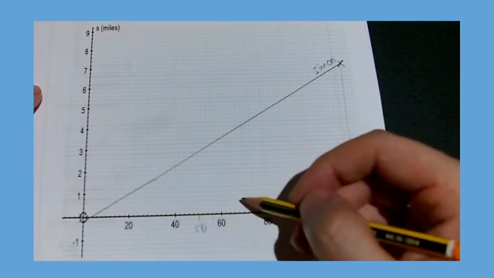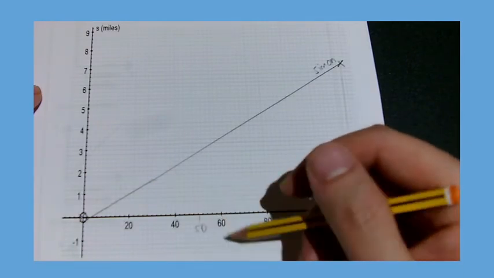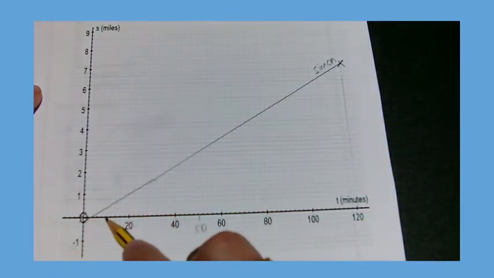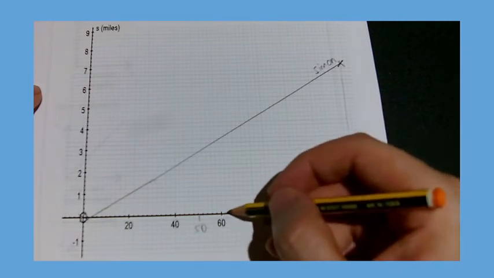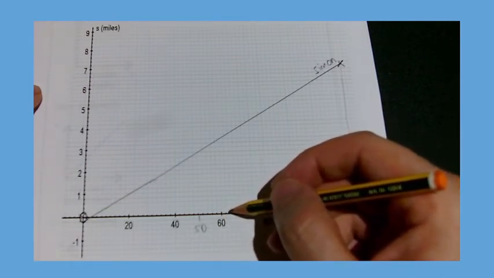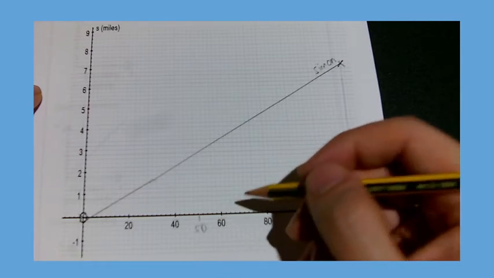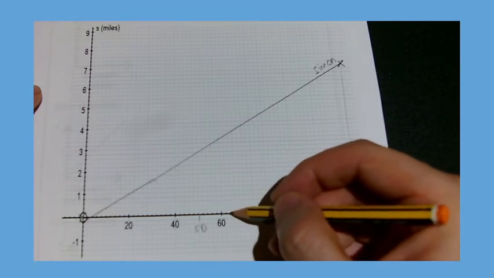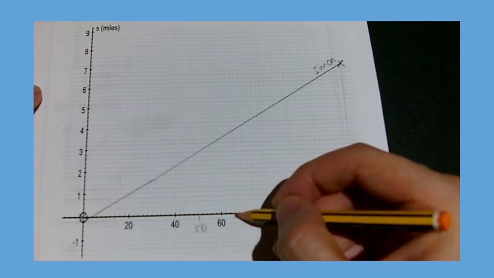So we've got to look at the axes here. Just want to make sure this is all correct. 2, 4, 6. Yep, it's going up in twos, and she does 16 minutes. In 16 minutes she does 3 miles. So we've got to go to 66, which is 62, 64, 66.